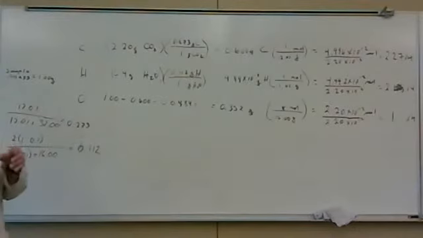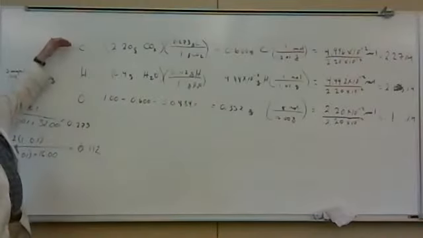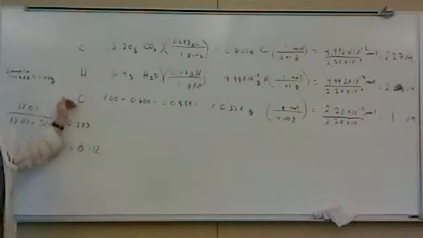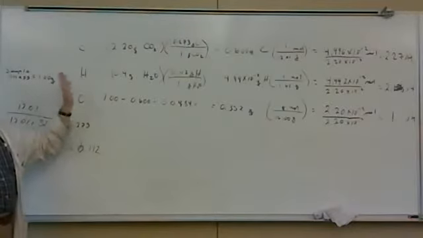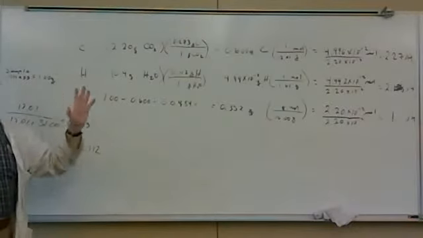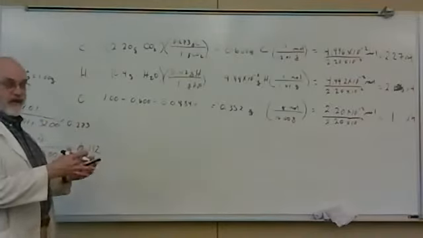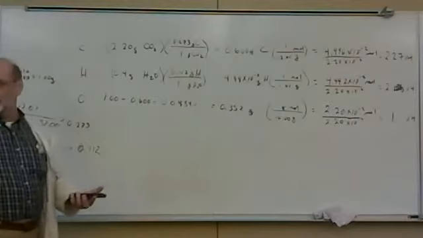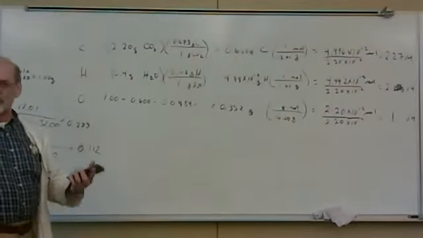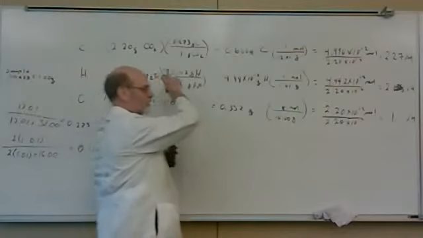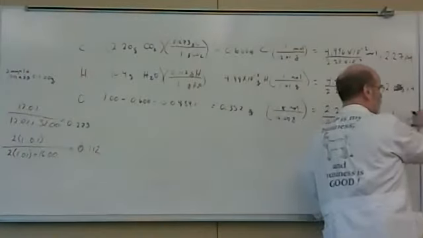I'd be more likely to give you something where I say the percent composition of this is so much percent carbon, so much percent hydrogen, and the rest is oxygen. And then you take the percent and you use that standard procedure that we went through before. Right, so if it's percent, you assume 100 grams, and then your percent becomes grams. And then you convert to moles, do the ratio, and find out.